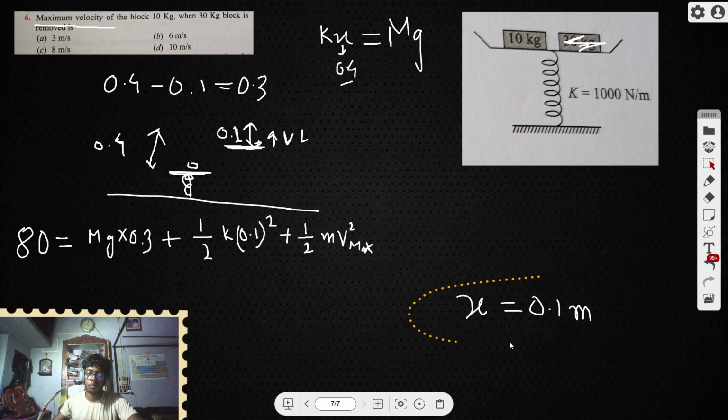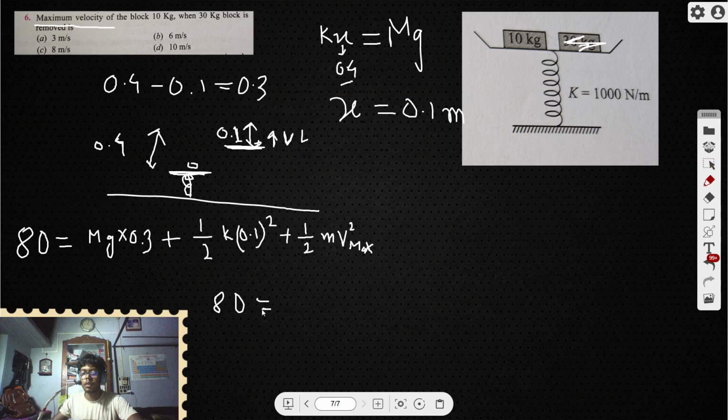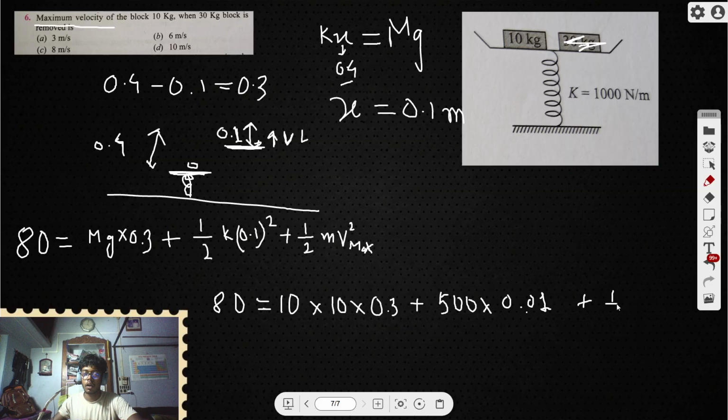So 80 equals m, which is 10 kg in this case because the 30 kg is removed, g is also 10, into 0.3, plus half k, which means 500, into 0.1 square, plus half m v square, the Vmax square.